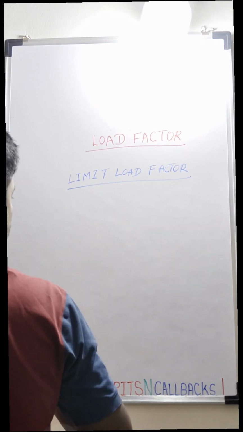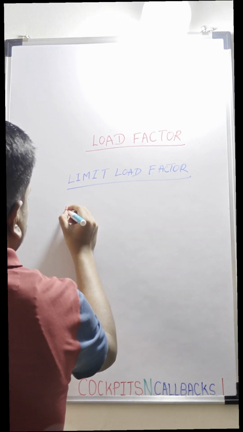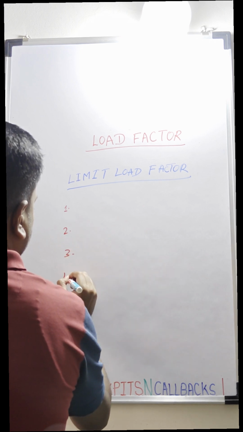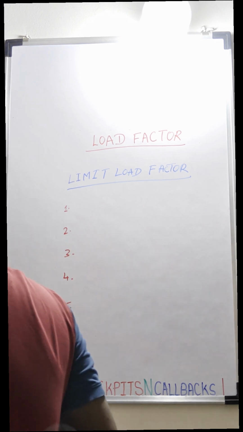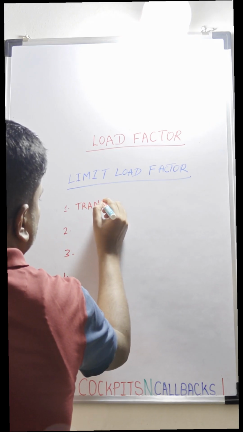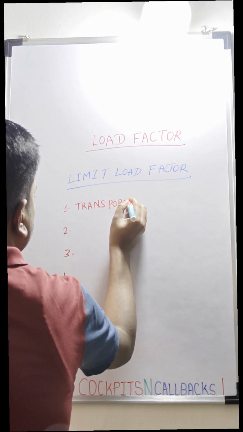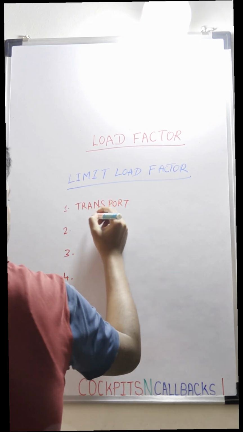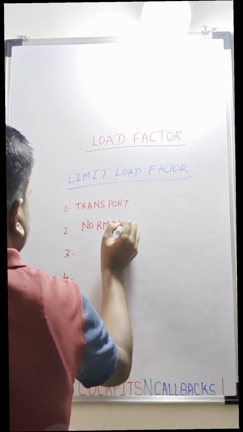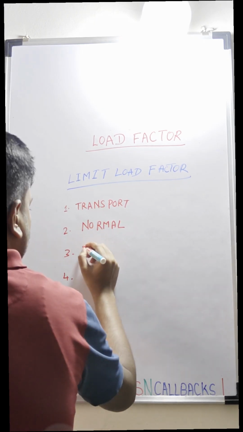So there are 5 broad categories. Say 1, 2, 3, 4, 5. The first one is transport. The second is normal. Third is utility.